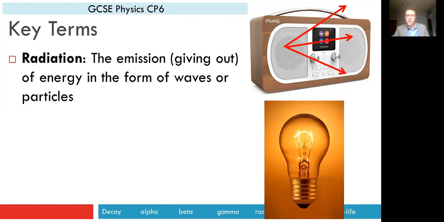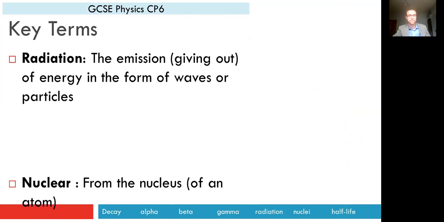It could be the emission of sound energy from a radio, like this, for example. It could be the emission of electromagnetic radiation from a light bulb. You might know it as light, but it is electromagnetic radiation from a light bulb. To radiate is to give out energy in the form of waves or particles. If you'd like, you can write that term down if you don't have a clear definition in your head.